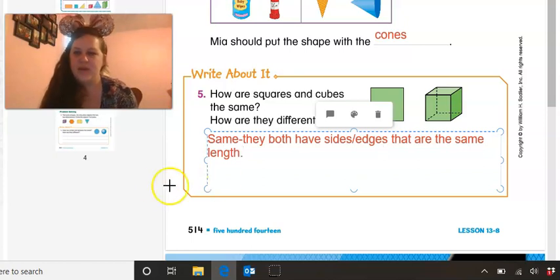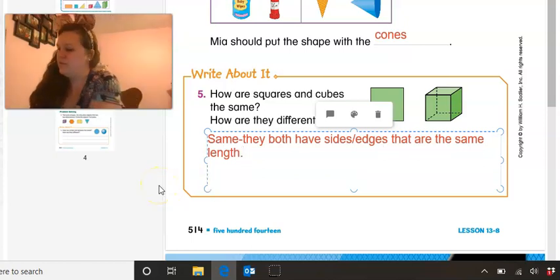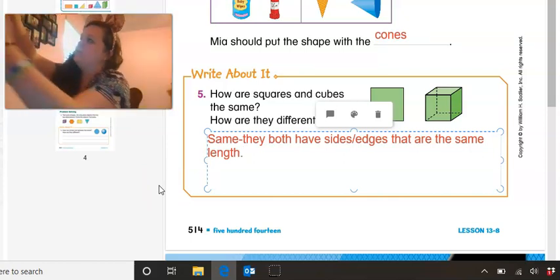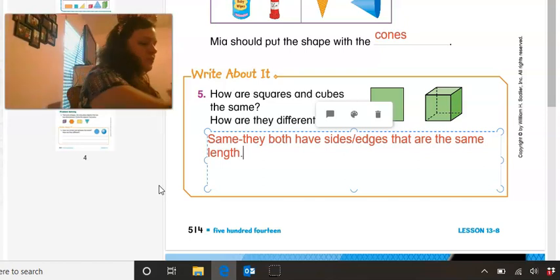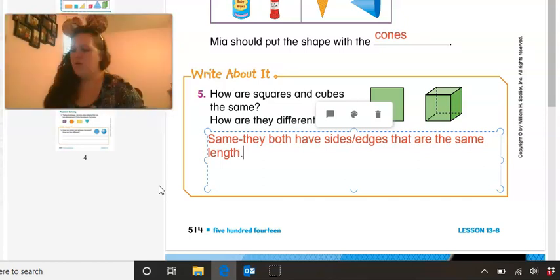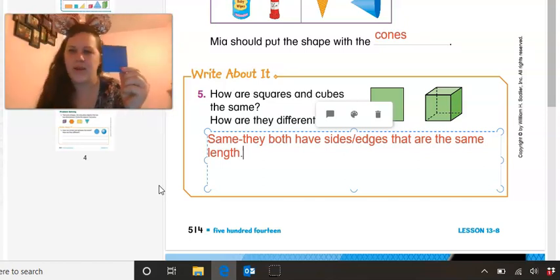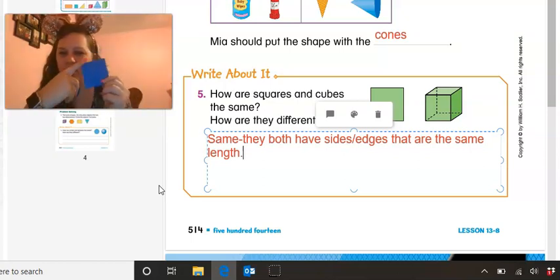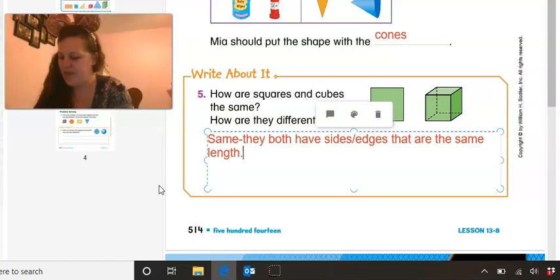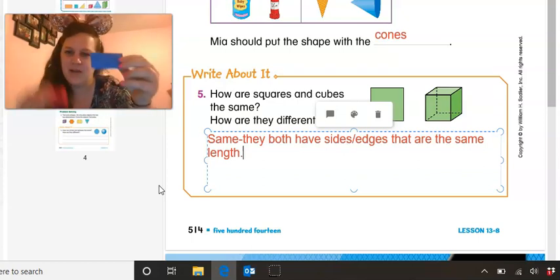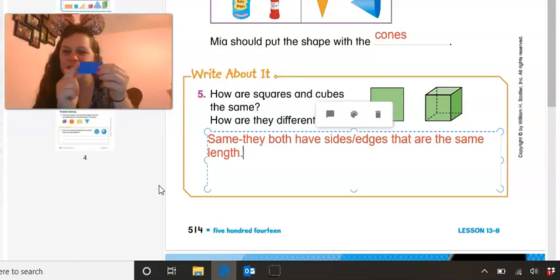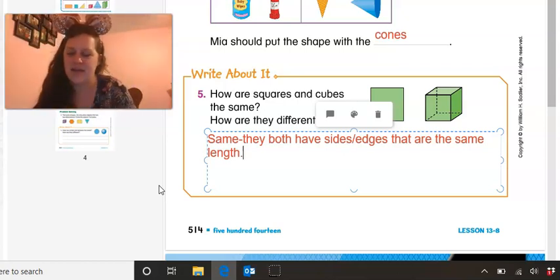Let me show you what I mean. Let me grab my square. When we think about a square or a cube, all four of their sides or edges are the same length. When you think about a rectangle or a rectangular prism, they have two long sides and two short sides.